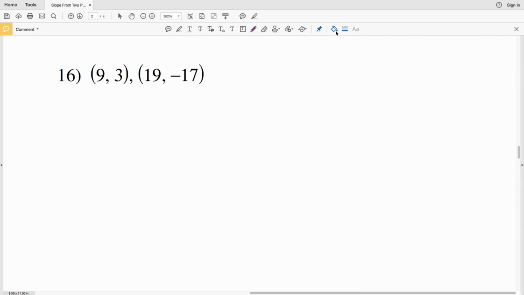On to the last problem in this worksheet, number 16. Negative 17 is going to be my y2 minus 3, which is my y1, and since I started with negative 17, I'm going to start with 19 as my x2 minus 9 as my x1.